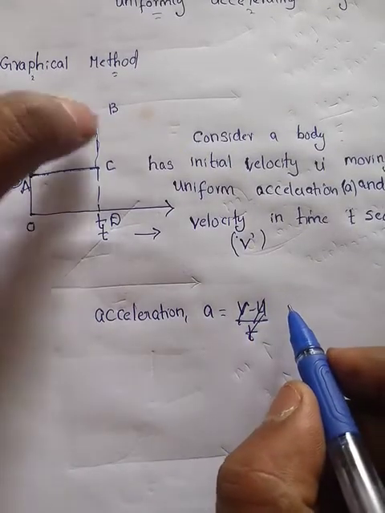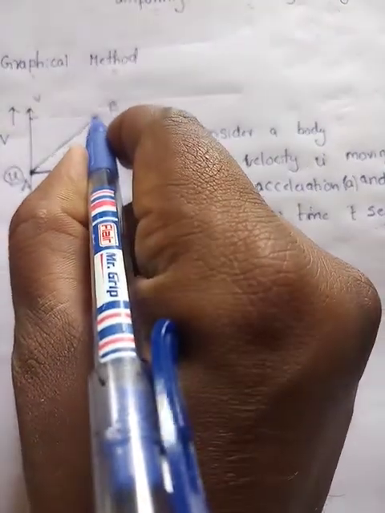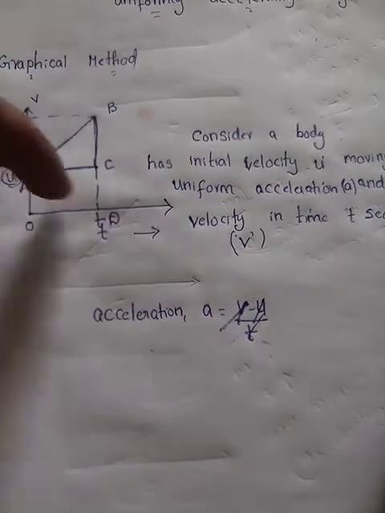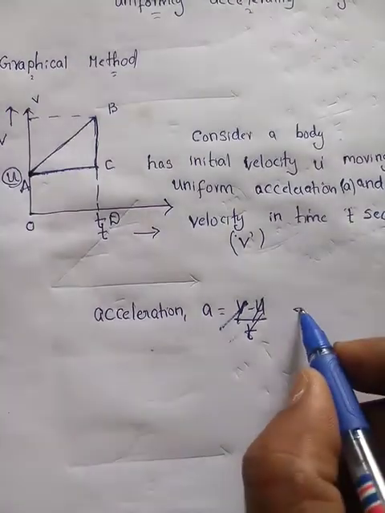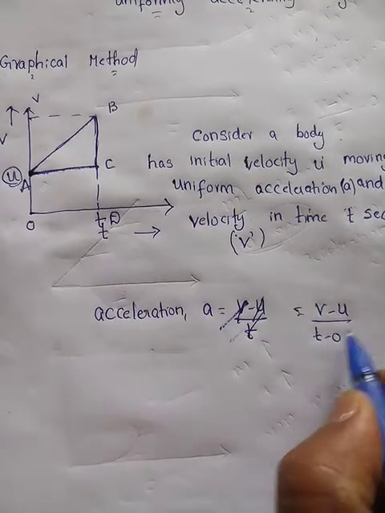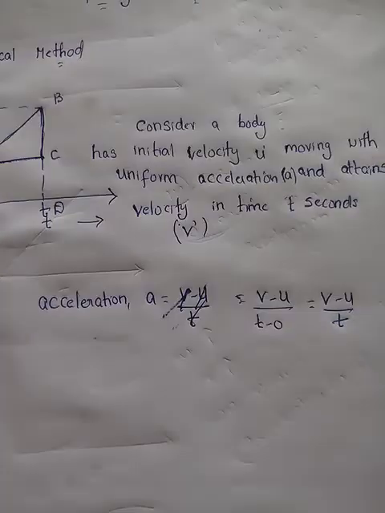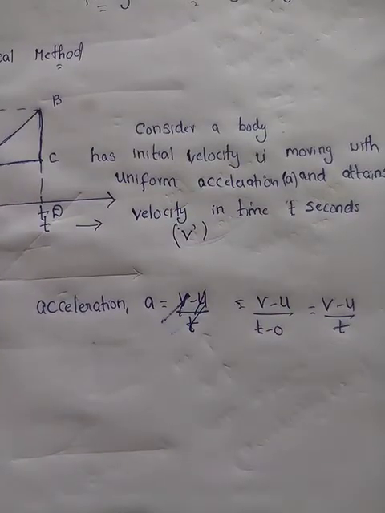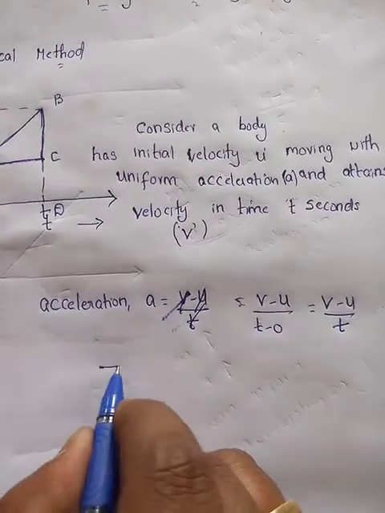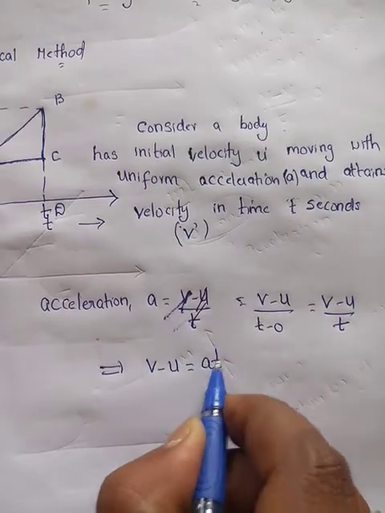Slope is equal to BC by CA. What is BC? V minus u, by t minus 0. What do you get? (v minus u) by t. Is it right? From that it implies v minus u is equal to at.